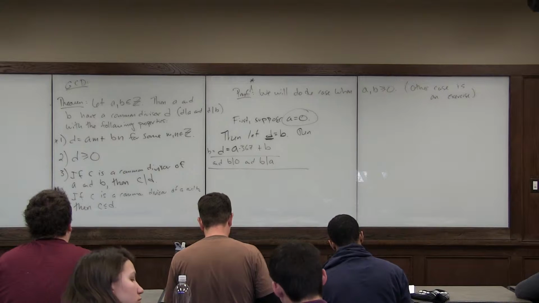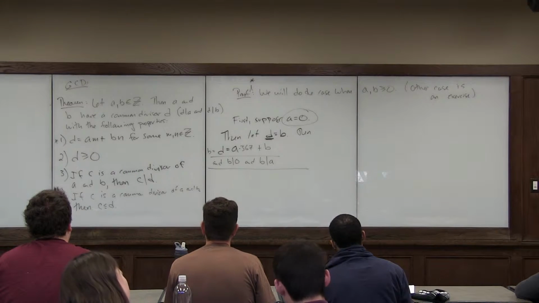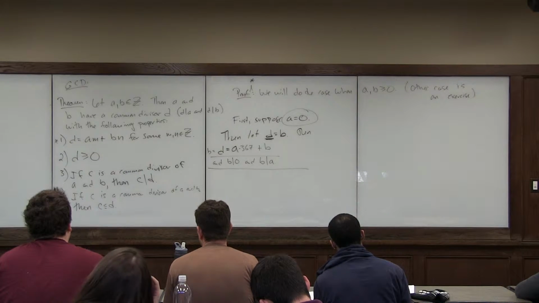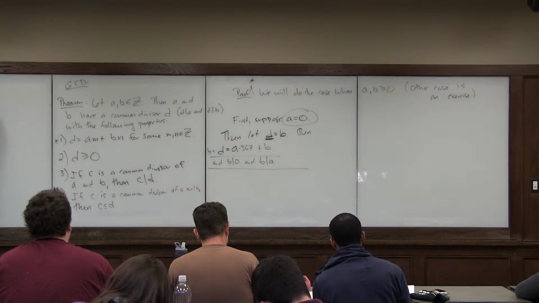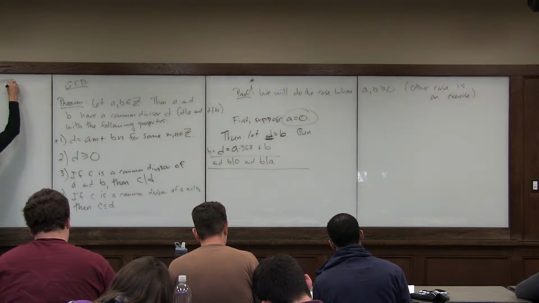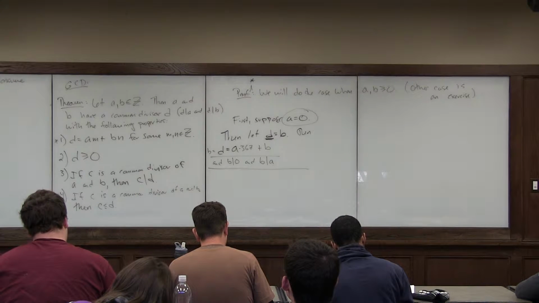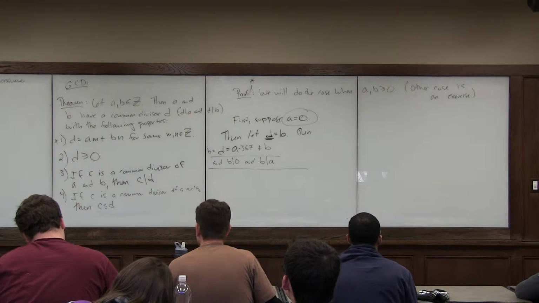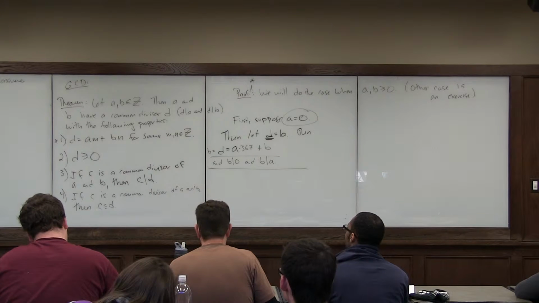So for the general case, I can assume A is less than or equal to B. So B less than or equal to A in this case is similar.